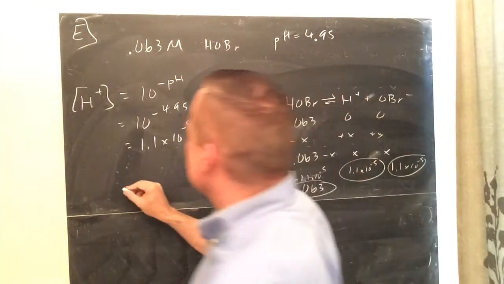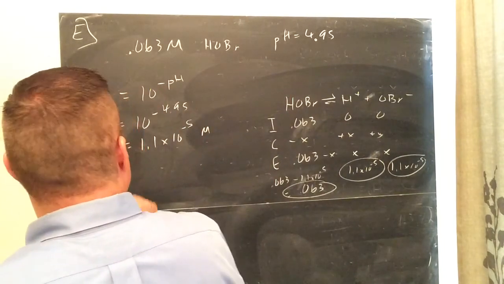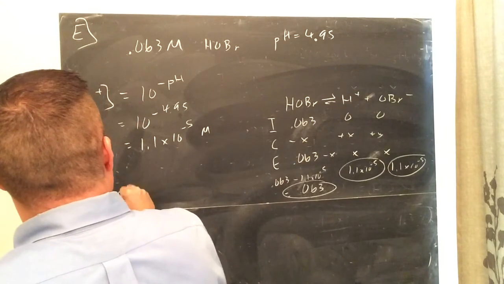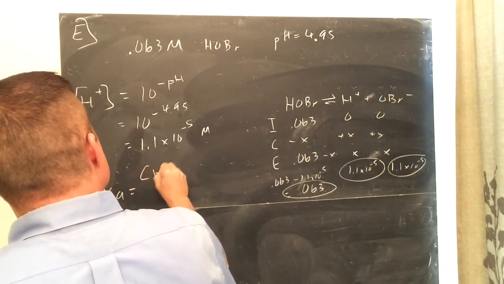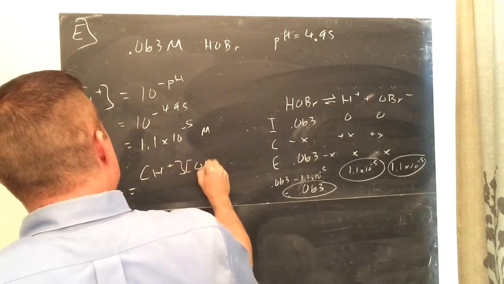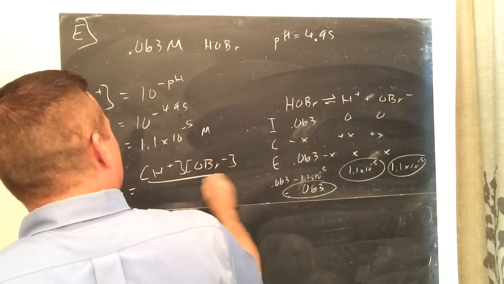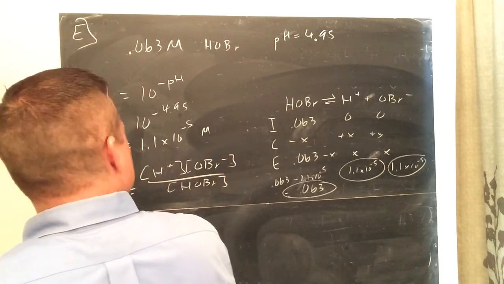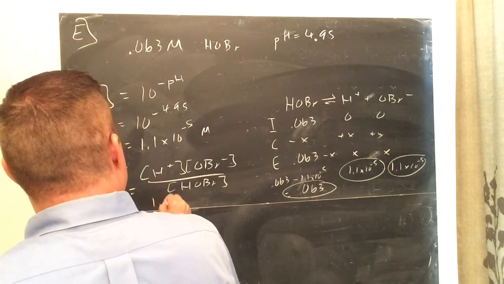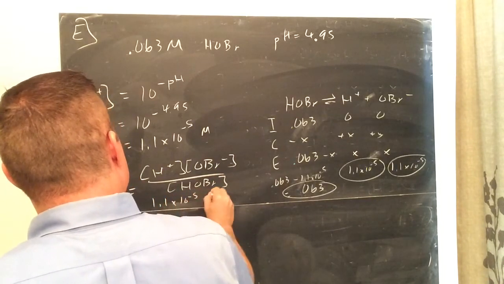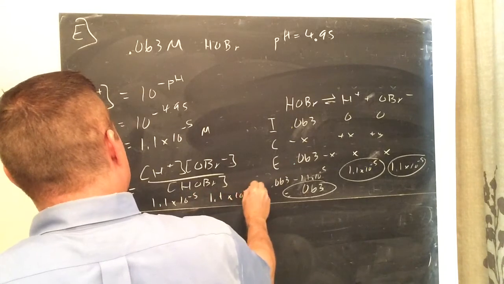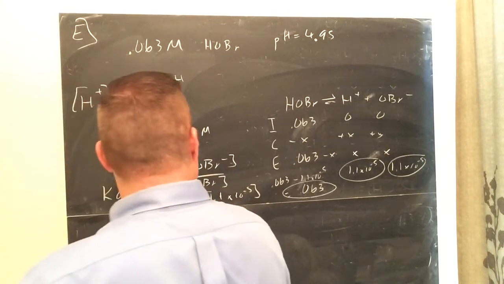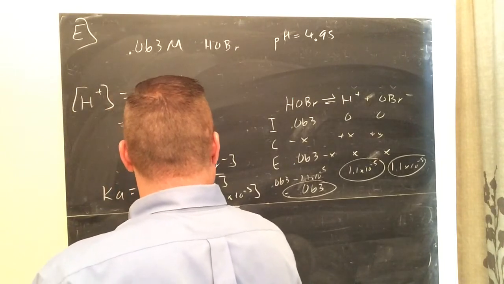So over here, I didn't even write it yet, but okay. We want to find the Ka value, right? Ka is H plus times OBr negative over HOBr, which is 1.1 times 10 to the negative 5 times 1.1 times 10 to the negative 5 over 0.063.